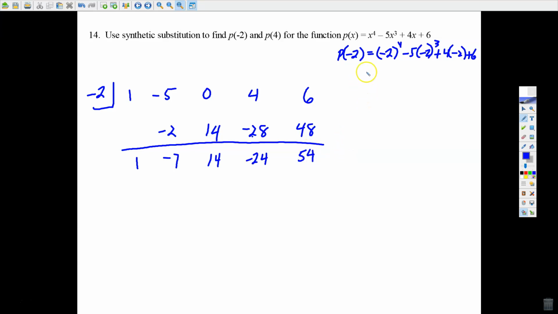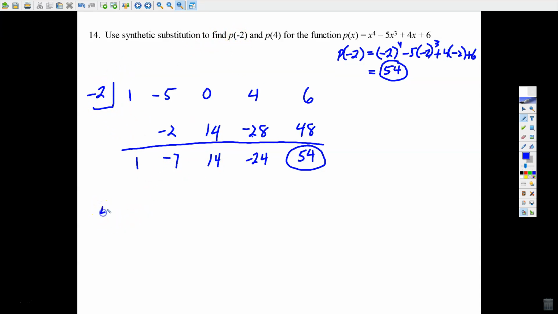So whereas the old way, whenever we did this in our calculator and then whatever the result was the answer, if you did this in your calculator, you would have gotten 54. Well, synthetic substitution says use synthetic division, and whatever the remainder is the answer. This is called the remainder theorem. So that's the answer for the p of -2 part.